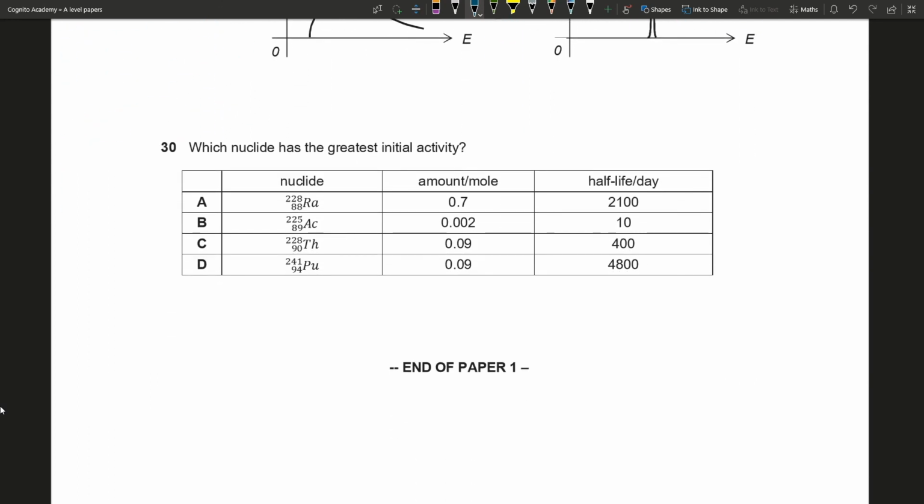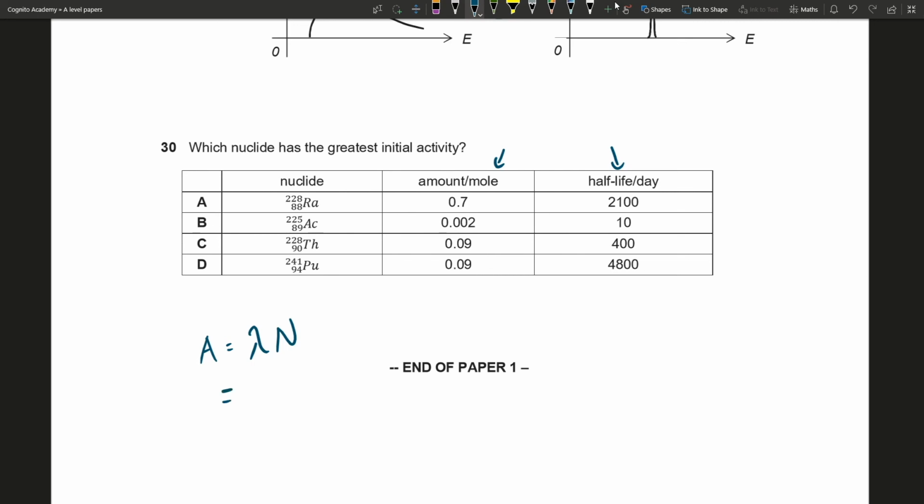Question 30. Which nuclide has the greatest initial activity? So we are given the amount in moles of the nuclides and the half-lives. So realize that activity is given by our radioactive constant times the number of radioactive nuclei there are.